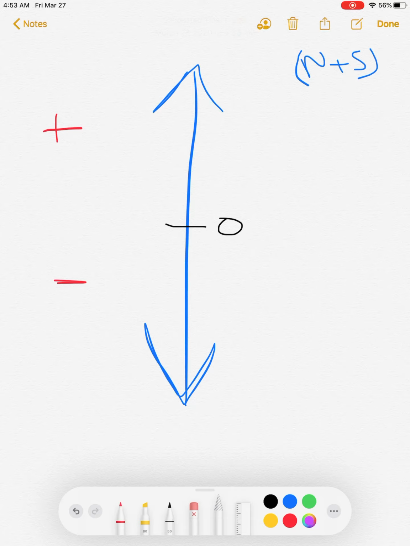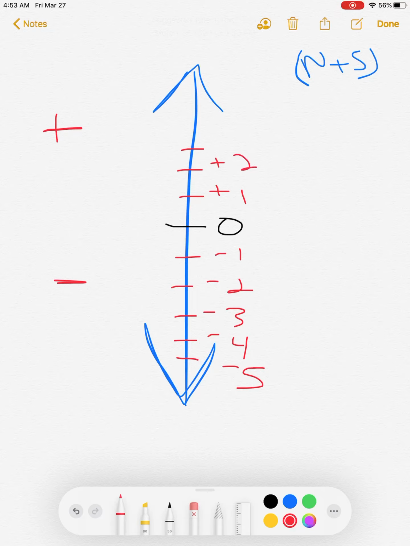All right, here would be, let me get a pen, negative 1, negative 2, negative 3, negative 4, negative 5, right? Negative numbers go below sea level. Our positive numbers belong on top. This would be positive 1, positive 2, positive 3, positive 4, and if I could fit a positive 5, I would fit a positive 5.